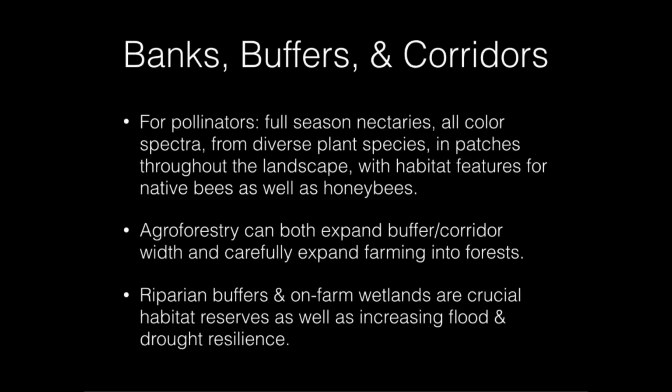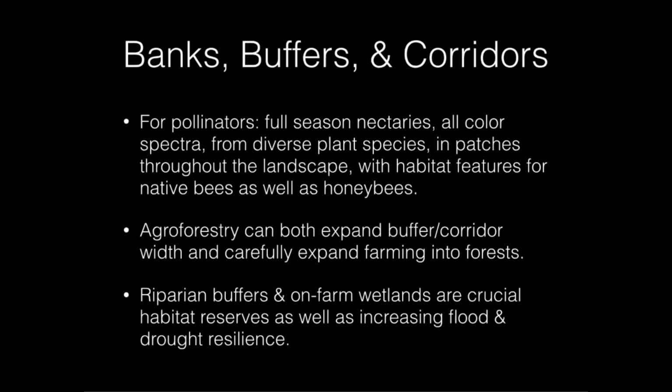So you've got to think about everything when you're thinking about regeneration. You're thinking not just about the soil, but you're thinking about the entire planet. You're thinking about pollinators, and all of the things that they need in terms of color spectra and nectaries and different kinds of plant species, and things that encourage habitat features that are critical for pollination, because bees pollinate 2/3 of our fruit and food, and they also are responsible for 85% of pollination.